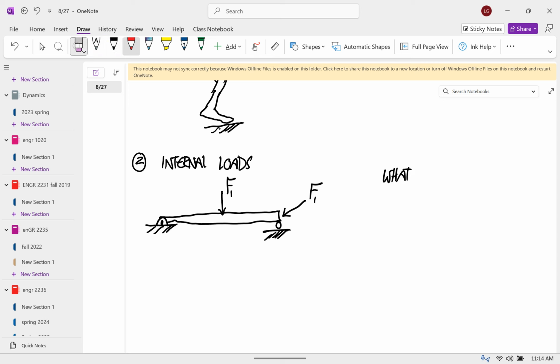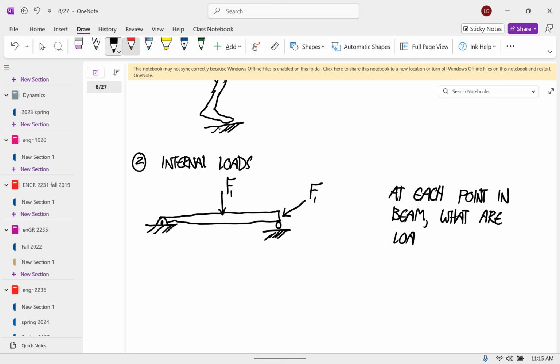Let's say at each point in the beam, what are the loads applied by the surrounding material?